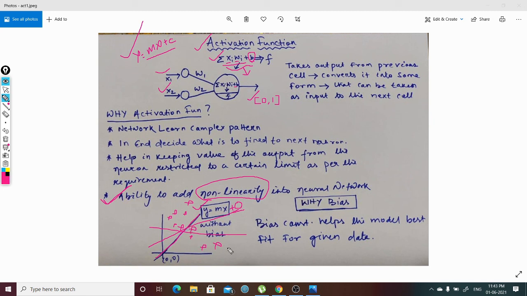So we need some bias to add a shift to the line. In machine learning, in linear regression it is a line, but in deep learning you can say it shifts the activation function. Suppose you do not take bias in the input that you give to the sigmoid function. This is basically the graph of a sigmoid function.